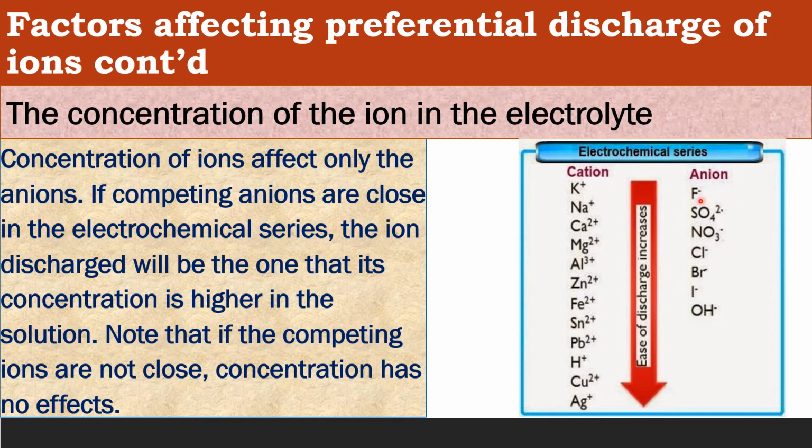So the two anions that are formed in this particular electrolysis are SO4 2-, that's tetraoxosulphate(VI) ion, and OH-.